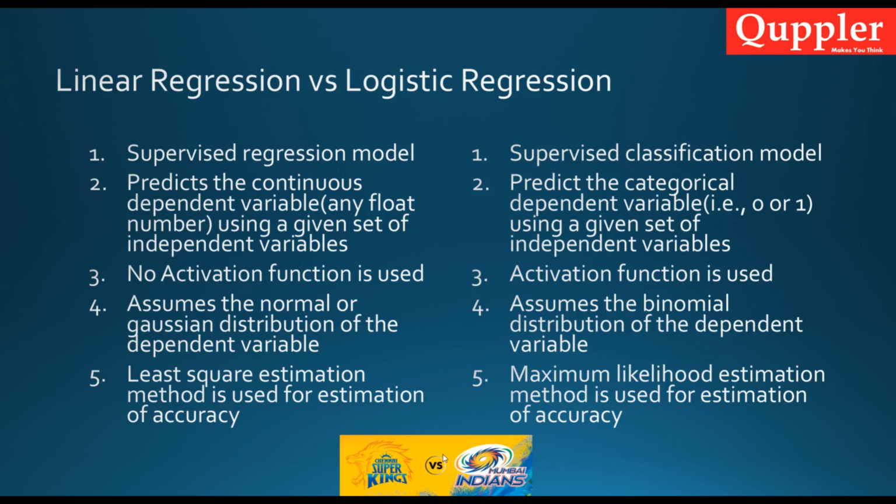In the first scenario, if we have to predict whether the Chennai Super Kings are going to win the match or not, the values are already discrete, whether they will win or not, that would be true or false. In that case we go for logistic regression, where it gives me a categorical dependent variable, the values always being discrete, that is 0 and 1.